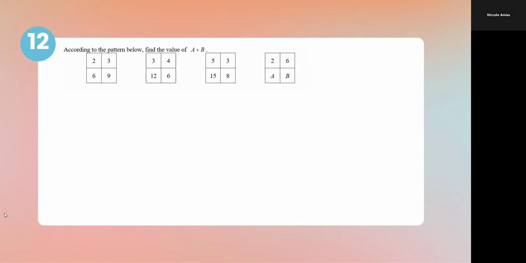The only pattern I see is the top right and top left multiplied to each other becomes the bottom left. So that's the only pattern I see. I'm still trying to figure out how they got 9, 6, and 8, po.